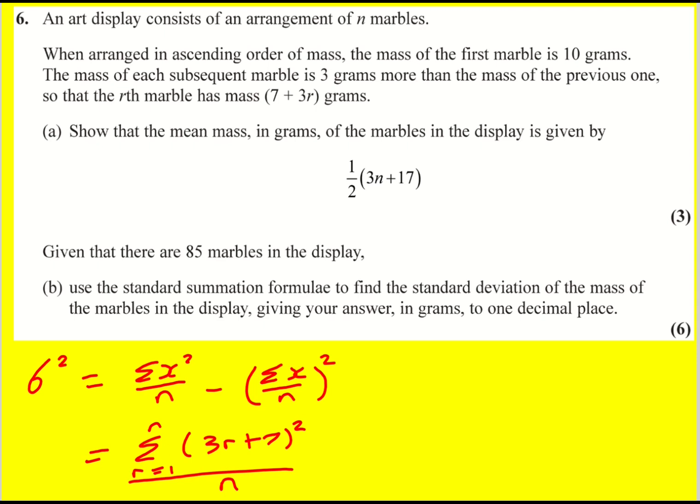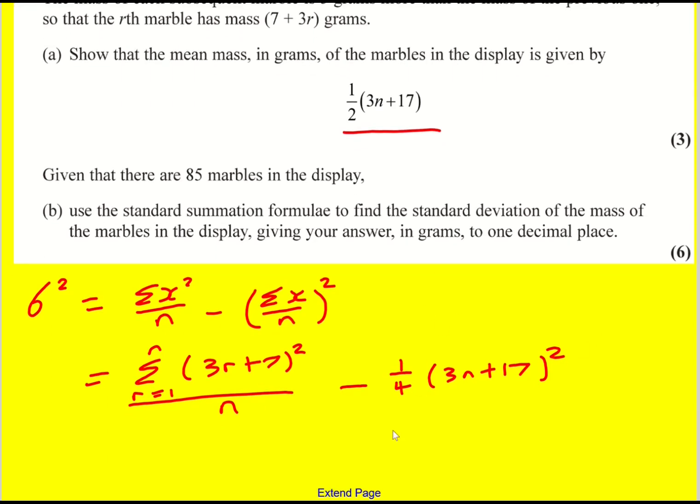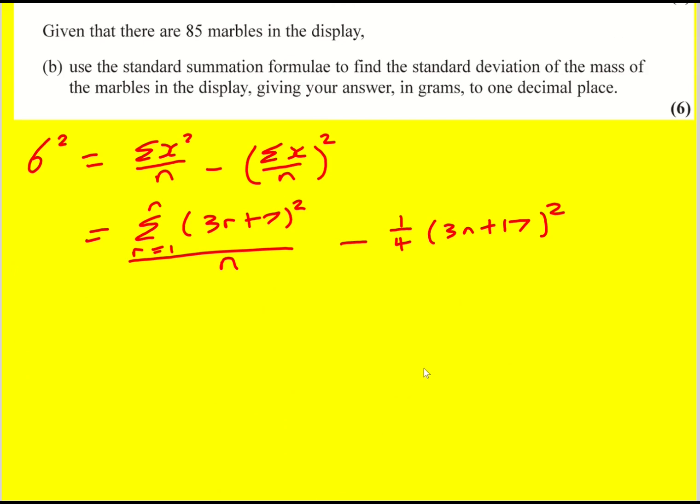We are going to be putting in n equals 85, but it's going to be best to work in terms of n to start with. And then I'm going to be minusing the square of the mean. And remember, we worked out the mean, so it's going to be a quarter 3n plus 17 squared. I'm going to work this out generally and then sub in 85.